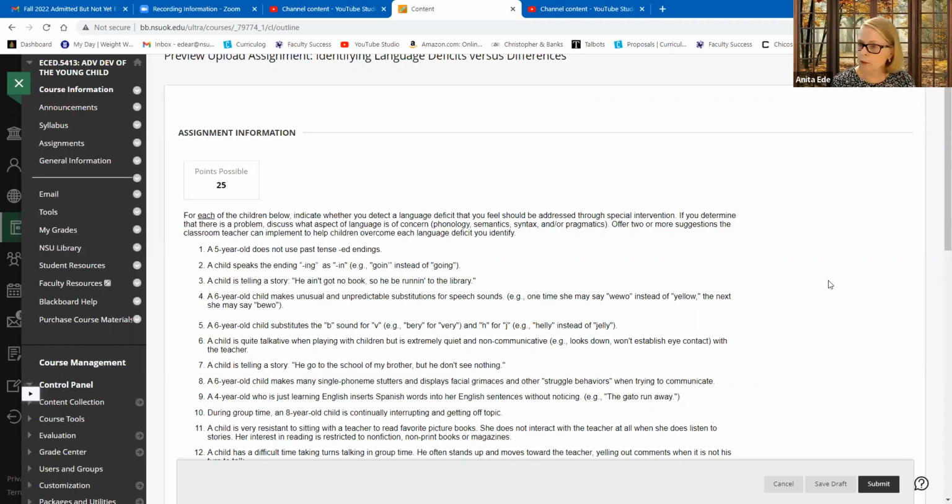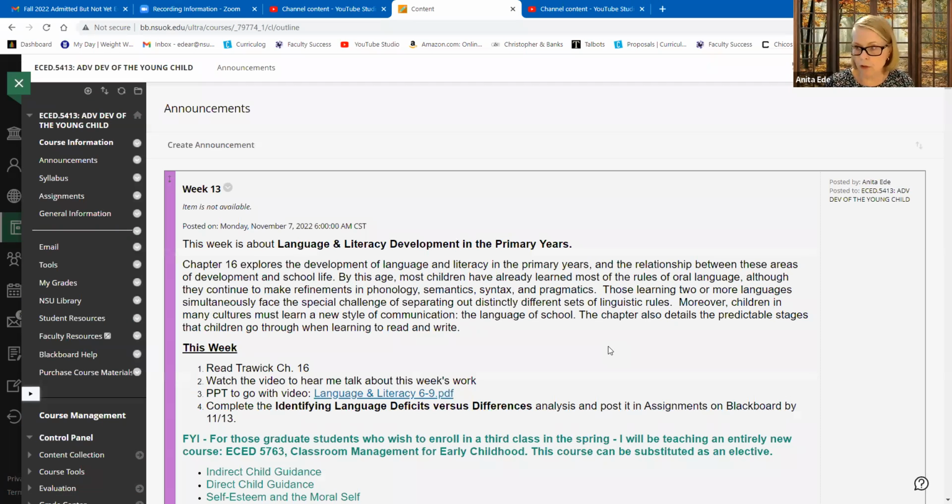And be very specific for each one on whether or not this child needs any assistance or not. Offer 2 or more suggestions that you, the classroom teacher, could implement to help children overcome any language deficit that you do identify. Because for some children, it's really not a deficit, it's just a difference. So it's very important to recognize difference versus deficit, because if it's a deficit, we want to get it taken care of and get them some help.